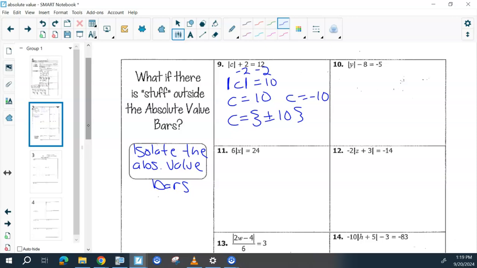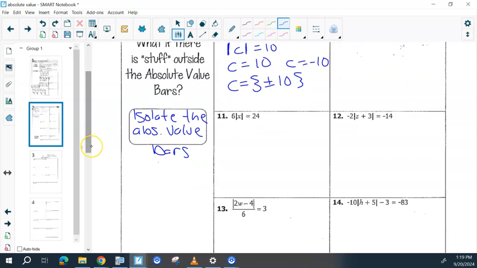We're going to try number 11. What does that say in the box? Isolate the what? The absolute value bars. So for 11, how would we start solving that? Divide both sides by 6.